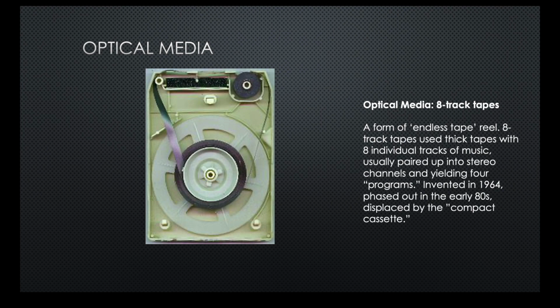You had them in car stereos, you had them in home stereos, and sometimes you saw them in video games. They had this thick tape, and you could put 8 individual tracks of music, and you would use these in stereo, so you could essentially have 4 programs. It was a way to divide albums into a couple of different chunks.